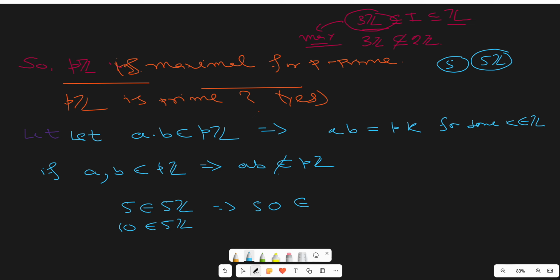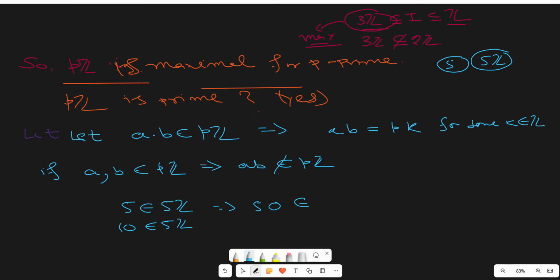All the multiples of 5, yes, 5 inside 5Z, that's fine, and 10 inside also 5Z, but 5 into 10 is 50. So 50 will be inside 5Z, right?